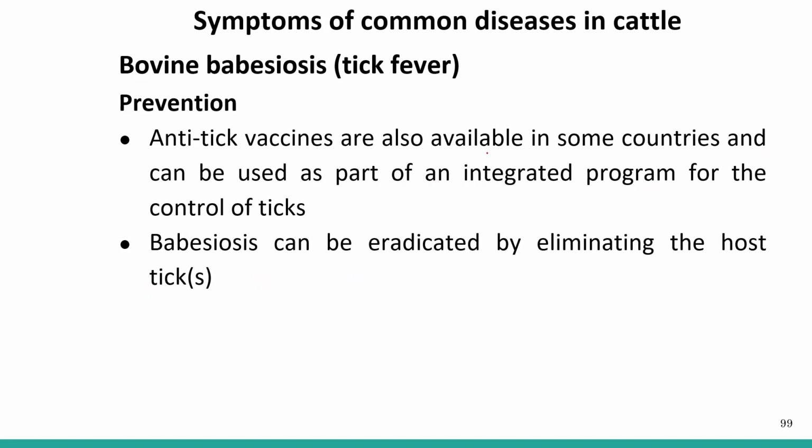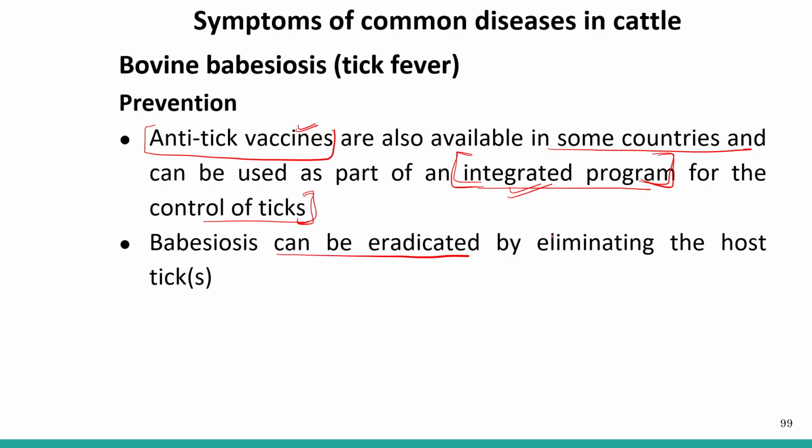Anti-tick vaccines are also available in some countries and can be used as part of an integrated program for the control of ticks. So if we want to control this disease, we can run an integrated program for our cattle, and in that, we can give this anti-tick vaccine to our cattle.